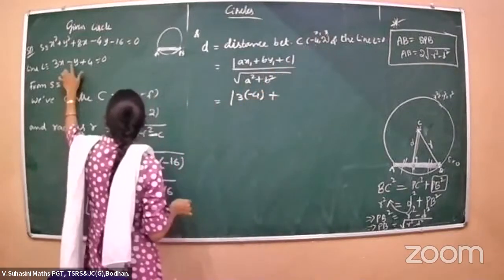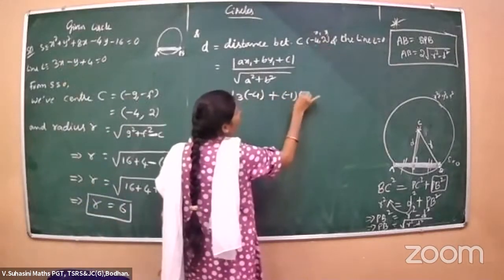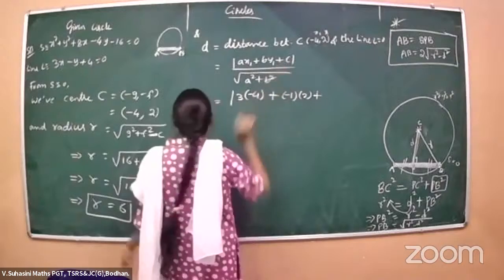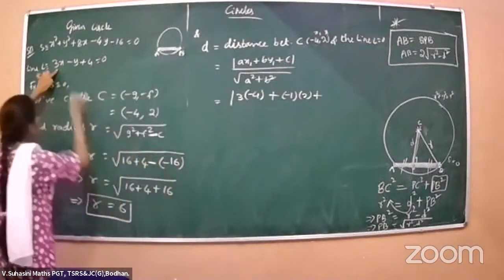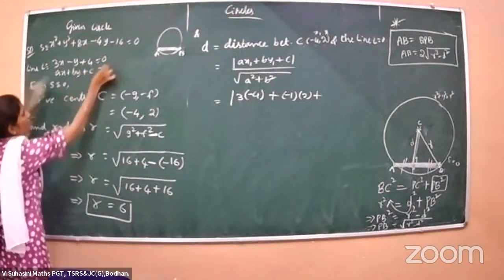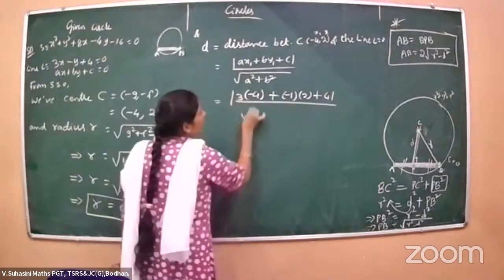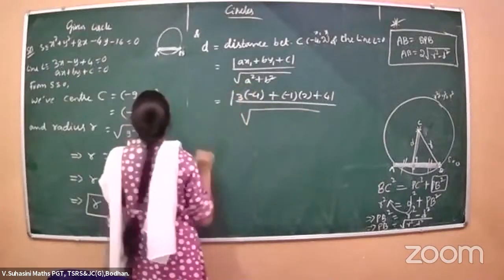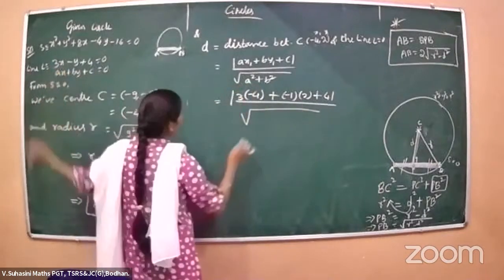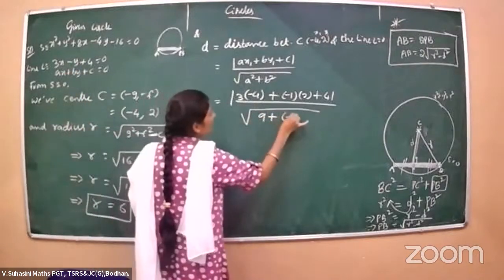Plus b is from the line, y coefficient, minus 1. y1 is y coordinate of the point. C is from the line. This is ax plus by plus c is equal to 0. What is c here? 4. By x coefficient square of the line, 3 square 9. Y coefficient square of the line, minus 1 square.